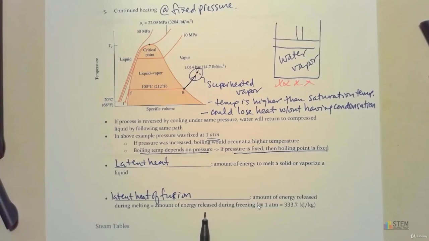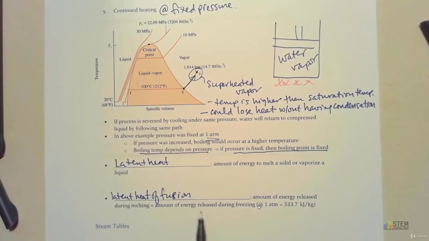So latent heat, that's all those are. And at 1 atmosphere, so at standard atmospheric pressure, you need 333.7 kilojoules per kilogram of energy. That's how much energy is released during melting or during freezing.